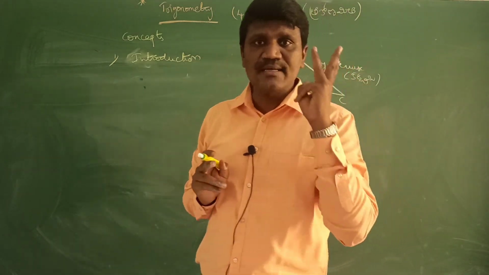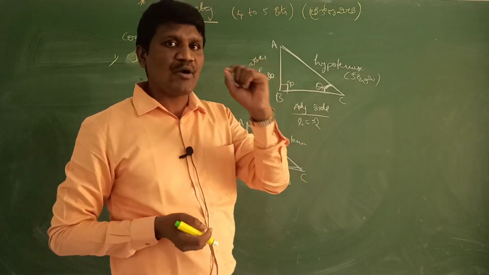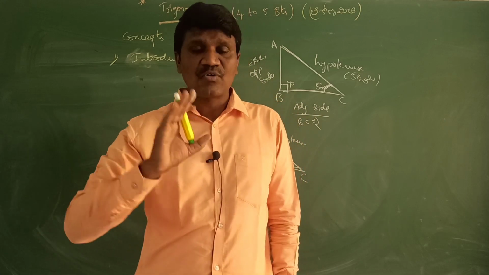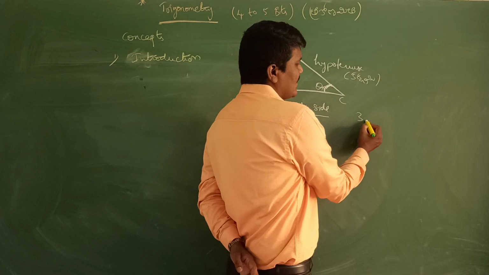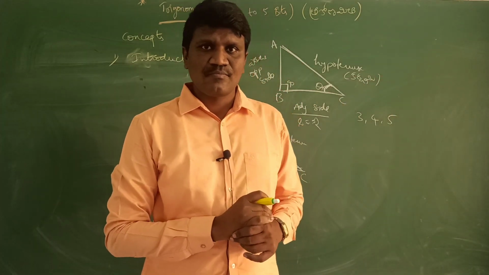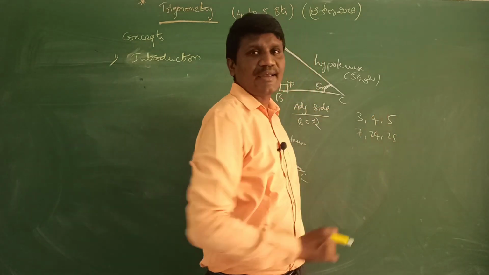There will be three sides and three angles. And one more important thing: many times this question is asked, where they give some values, whether 3, 4, 5 forms a right angle triangle or not, or whether 7, 24, 25 forms a right angle triangle or not.